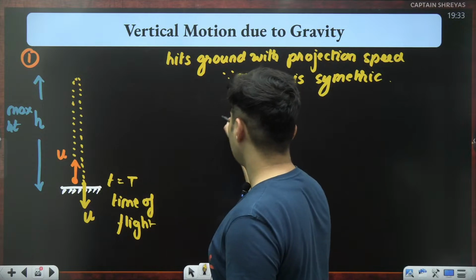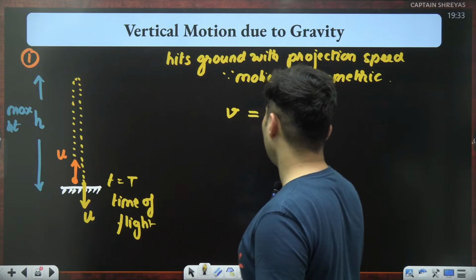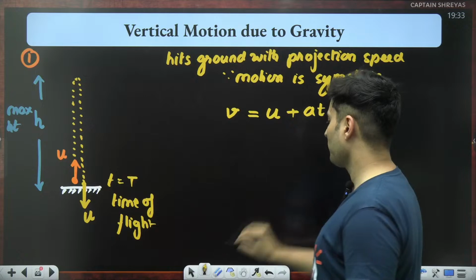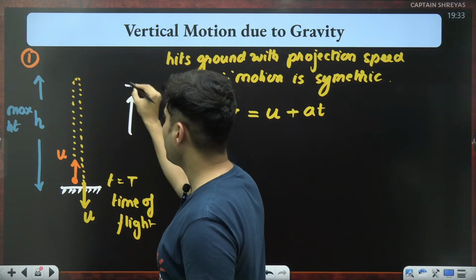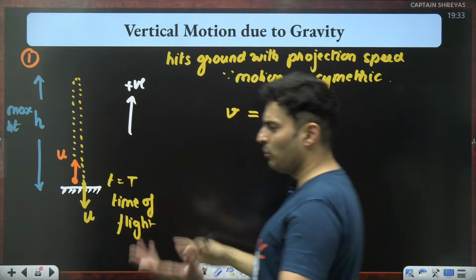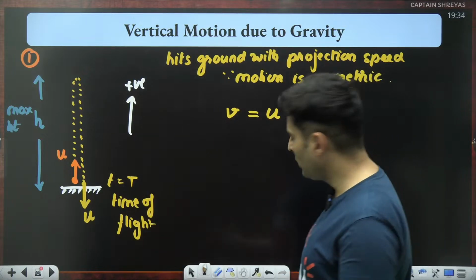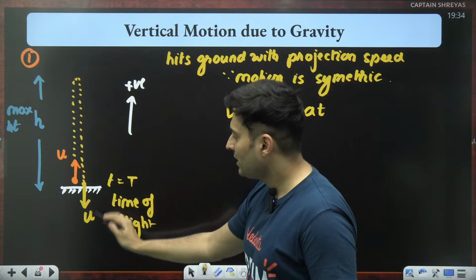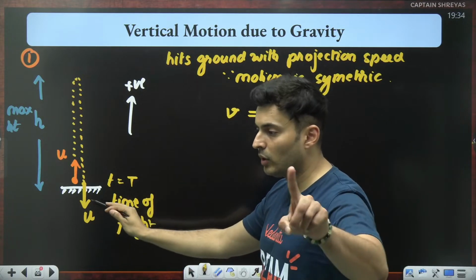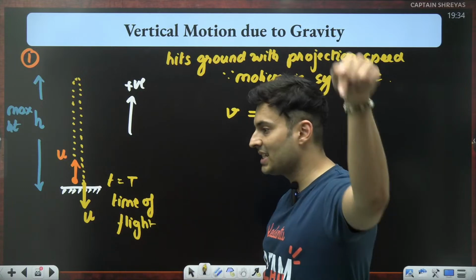So if I use the equation v = u + at, and let's assume the upward direction to be the positive direction, usually upwards I can take positive, you can take downwards also, doesn't matter. In this case, the final velocity is having a magnitude of u, but sign wise it's down.